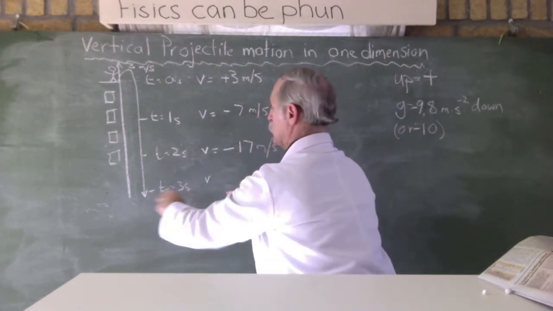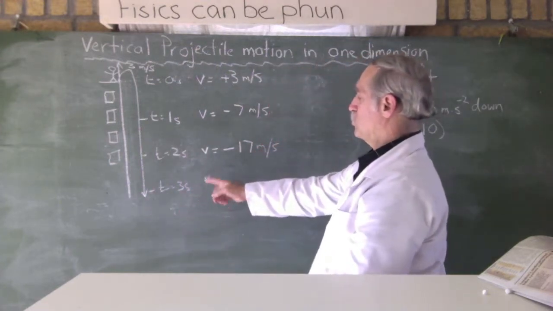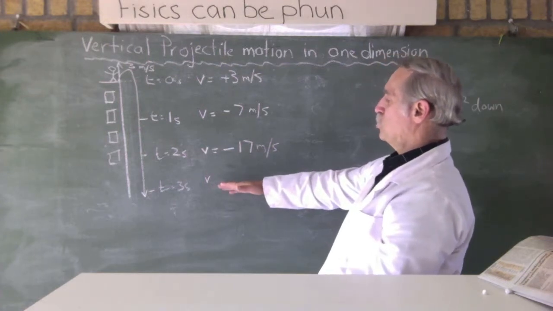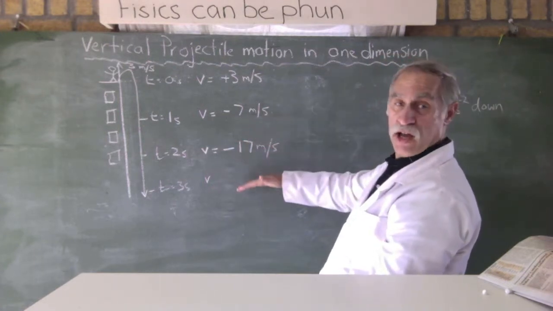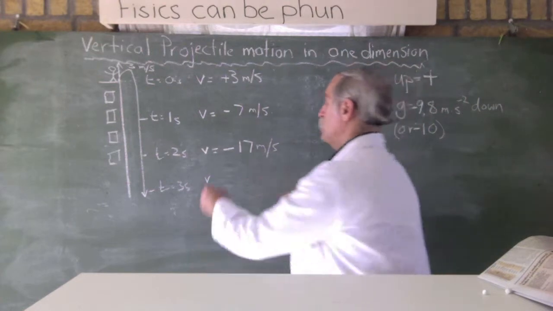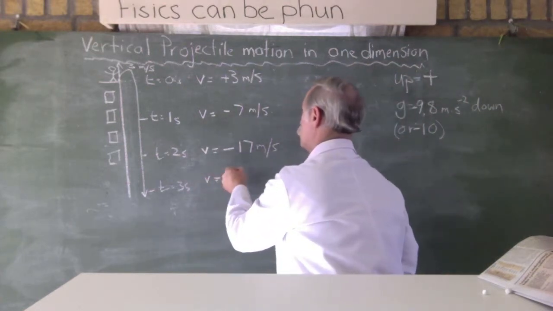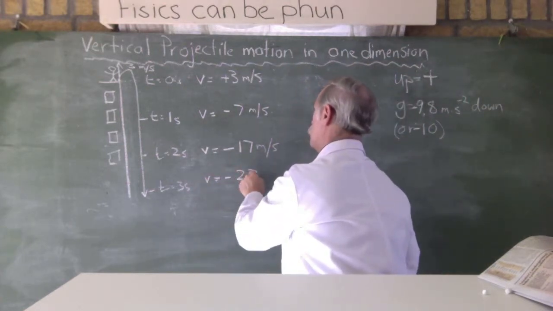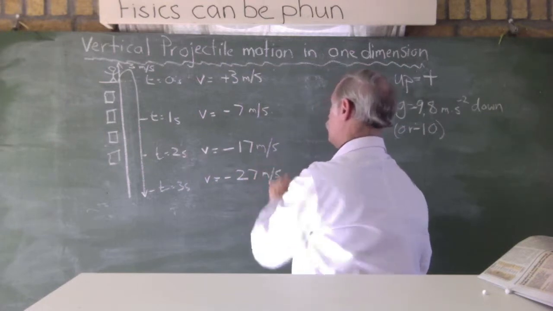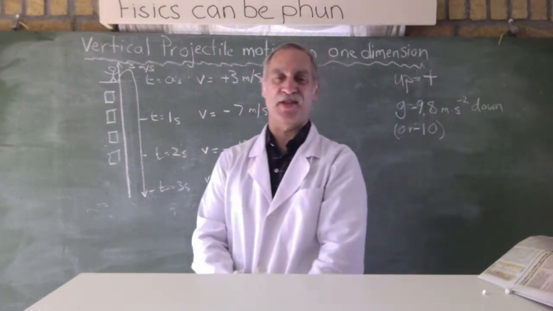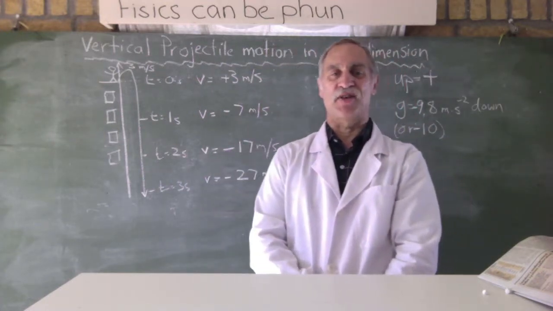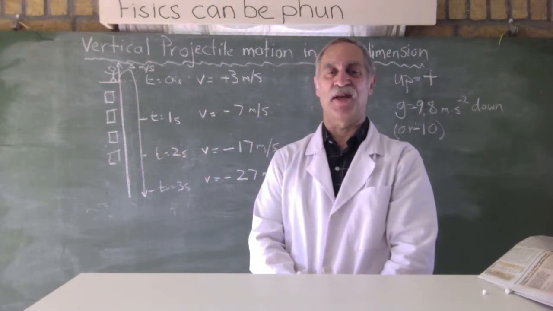And at time t equals 3 seconds, what's its velocity going to be equal to? Adding on another minus 10, it's going to be equal to minus 27 meters per second down. You see how simple that was? And so that is how we can figure out the velocity.